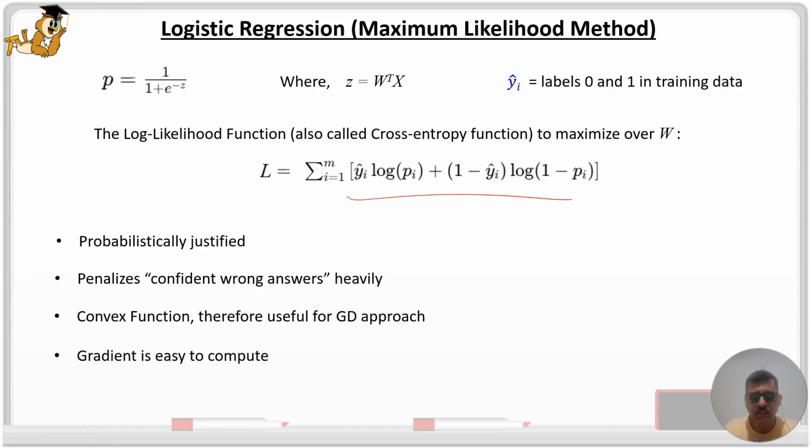We have always laid great stress on ensuring that the computational burden is minimized, and we will see shortly how the choice of the sigmoid function and the log likelihood function makes it very easy to compute the gradient in the gradient descent. Okay, so that is the justification for using a function like this.